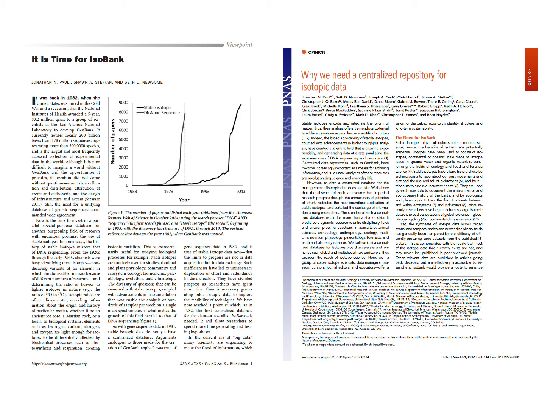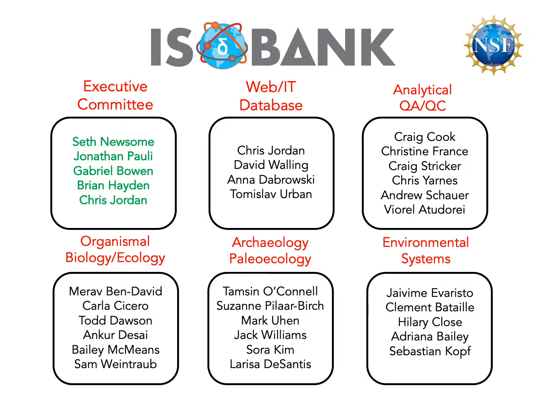And this is actually now something that is in development. The IsoBank initiative is headed by Seth Newsom, John Pauli, Gabe Bowen, Brian Hayden, and Chris Jordan. They were able to raise NSF funding to put together an effort to implement a centralized repository for stable isotope data called IsoBank that is currently in development.